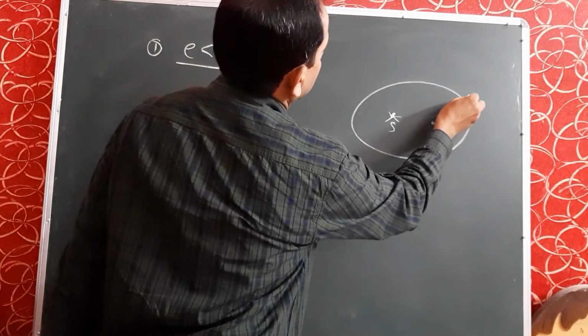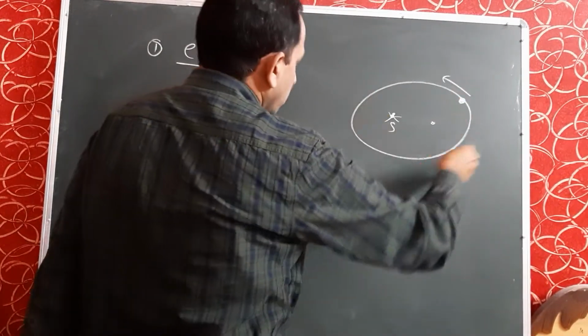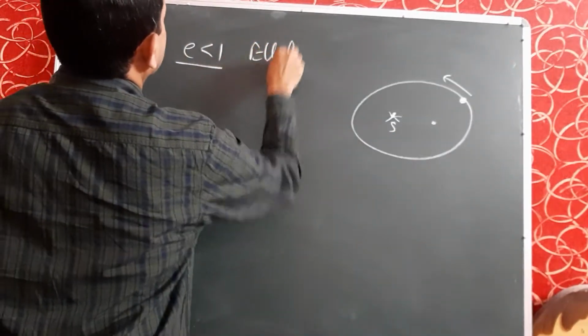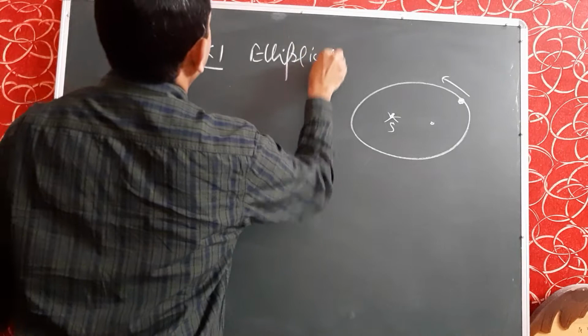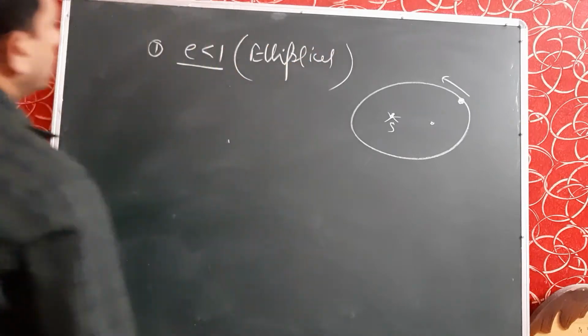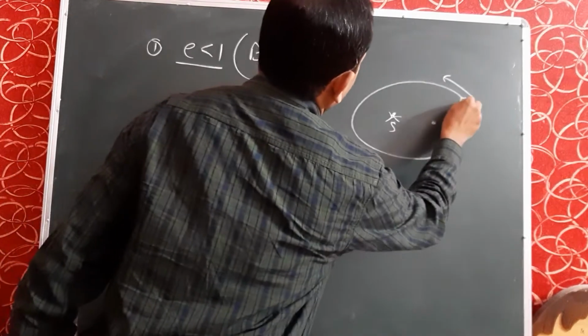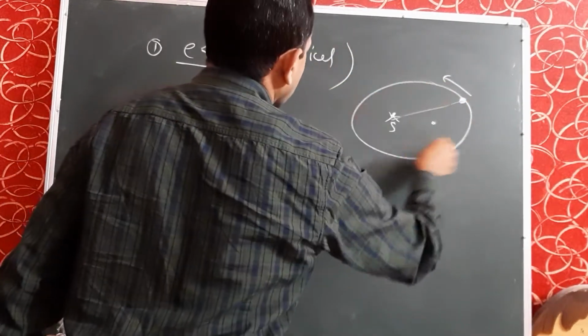The path followed by the planet around the sun is always elliptical. This is the first law, elliptical path or elliptical orbit. So, we have to prove how this path is elliptical.